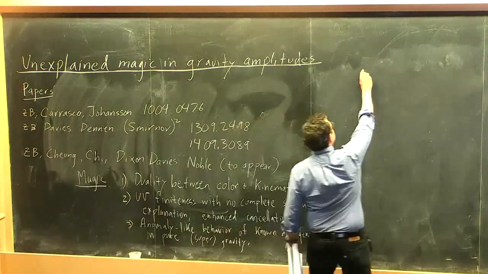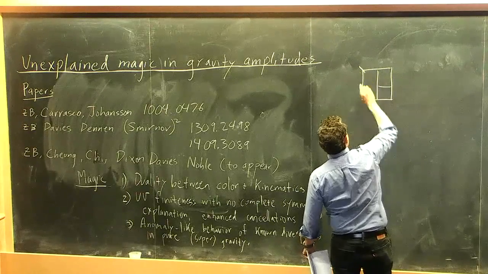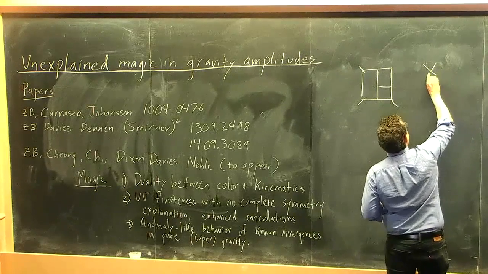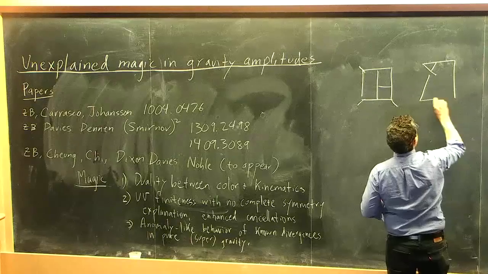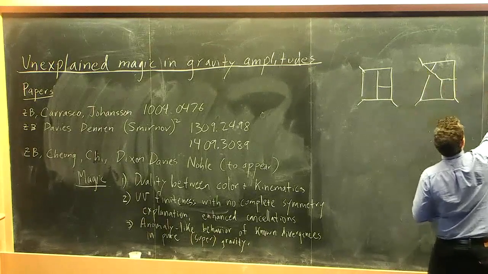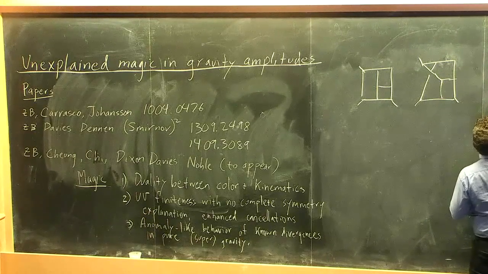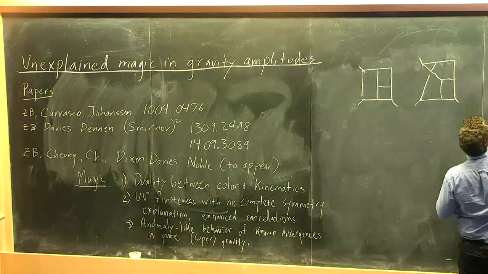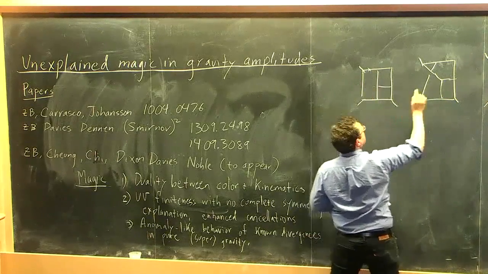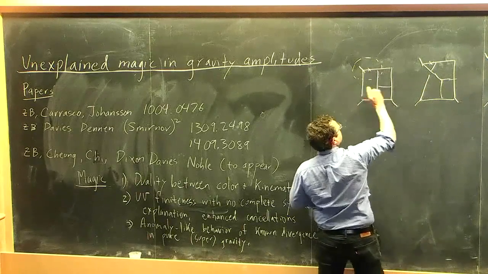Okay? So let's just look at a three-loop diagram, just an example. Okay, and then let me mark a leg. Let me mark this one. Mark that one, mark this one. And then let me circle this.